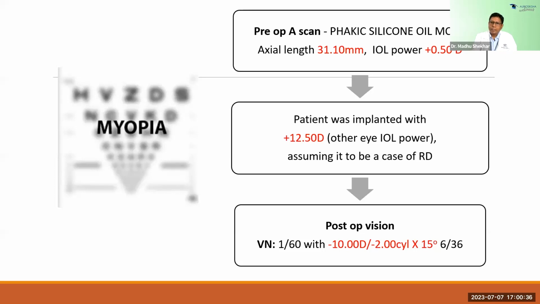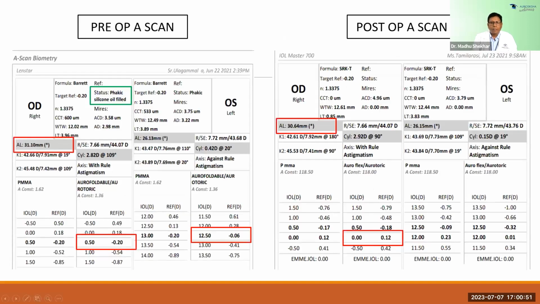The patient was implanted with plus 12.5 diopter, which was the other eye's IOL power, assuming that it was a case of retinal detachment in that eye. And post-op there was a minus 10 diopter surprise in this case. So what went wrong in this case? If you see the pre-op A scan and post-op A scan, they are almost the same.